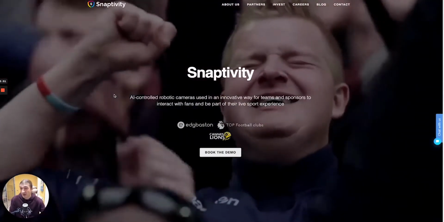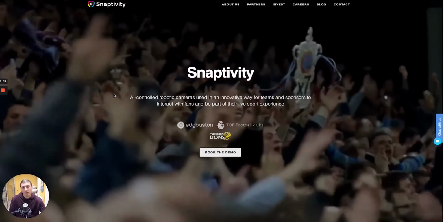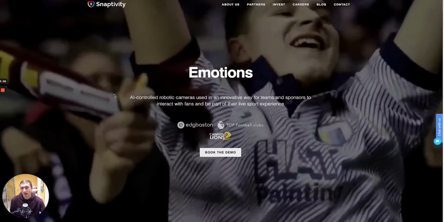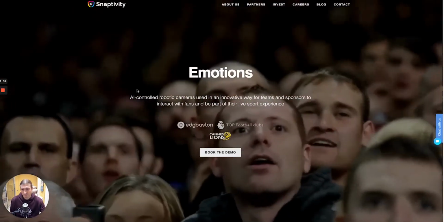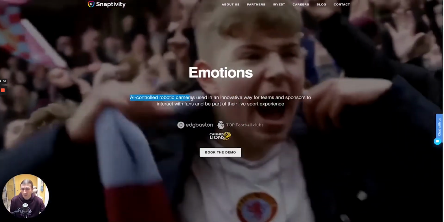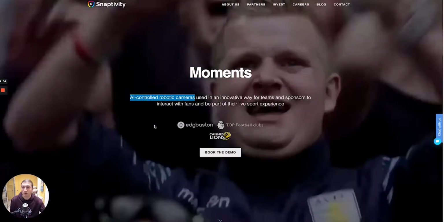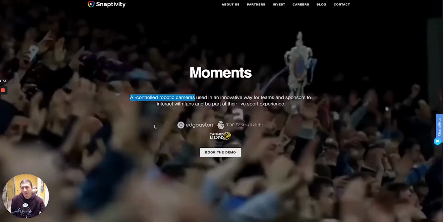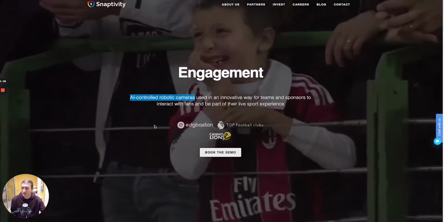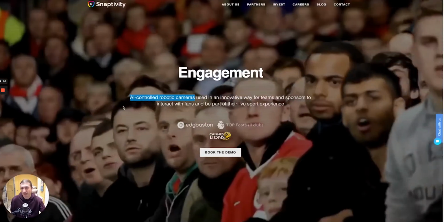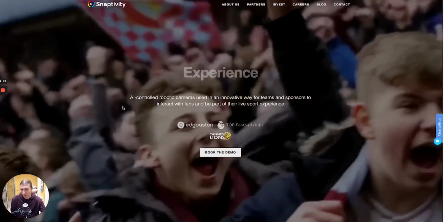Now this second line here gives us a bit more information, but let's look again at whether it answers any of those questions. So it does mention AI-controlled robotic cameras, so at least it's telling people physically what's on offer here. But this system is so much more than just cameras, so I feel that's not a very accurate description of what's on offer.